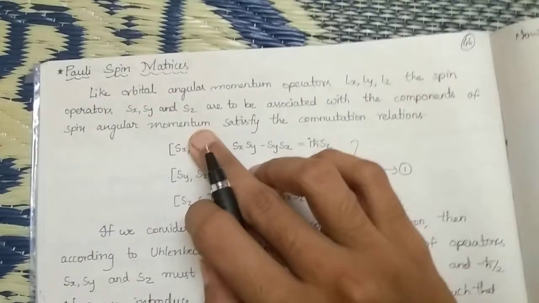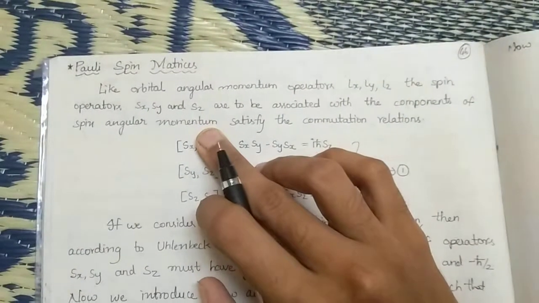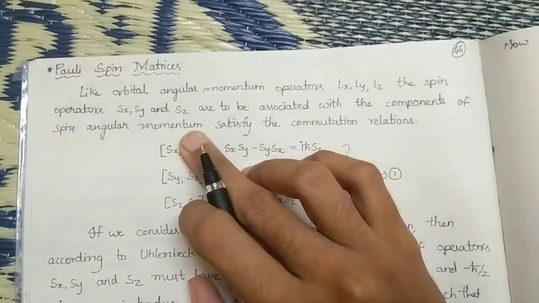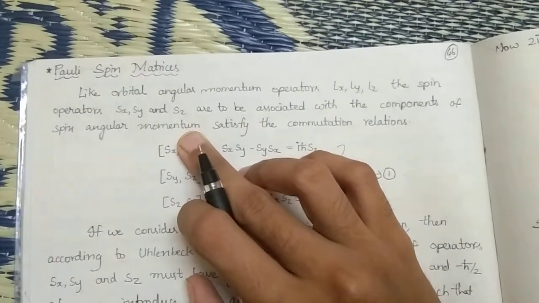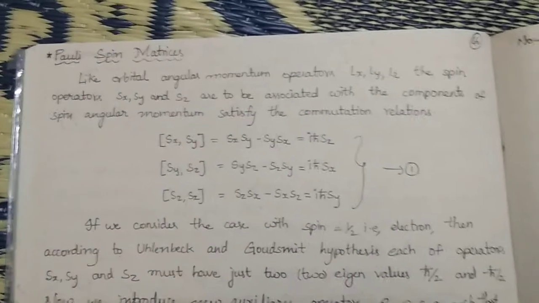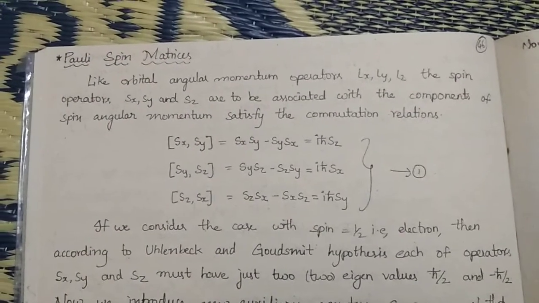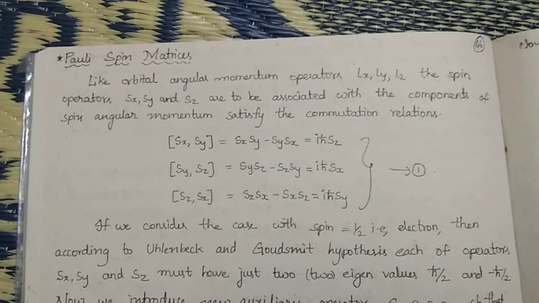Just as Lx, Ly, Lz are the components of orbital angular momentum, in the same way Sx, Sy and Sz are the components of spin angular momentum.